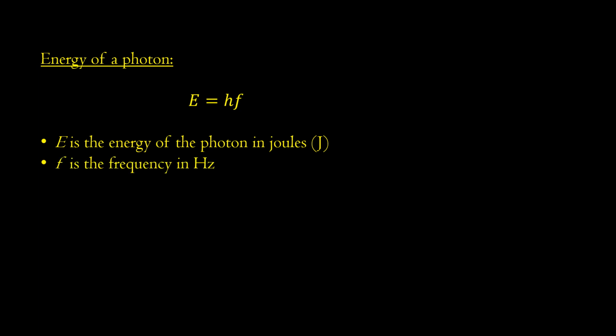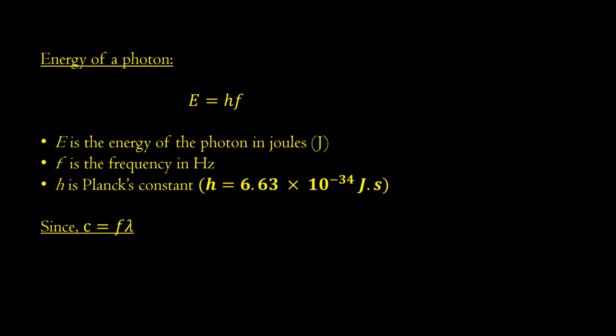E equals hf, where E is the energy of the photon in joules or J, f is the frequency in hertz, and h is Planck's constant, which is equal to 6.63 multiplied by 10 raised to the power of minus 34 joule seconds, or J·s.